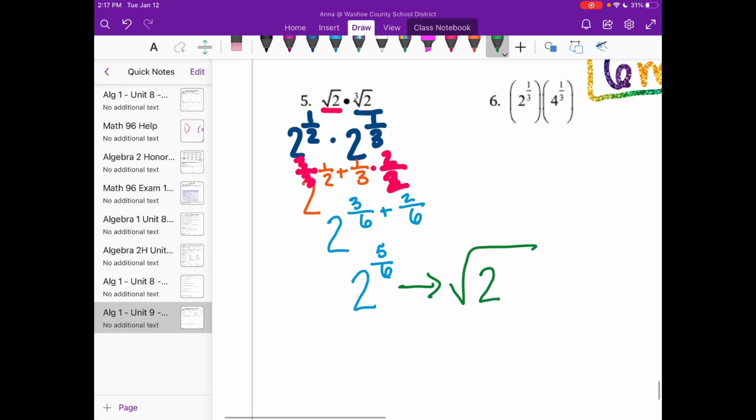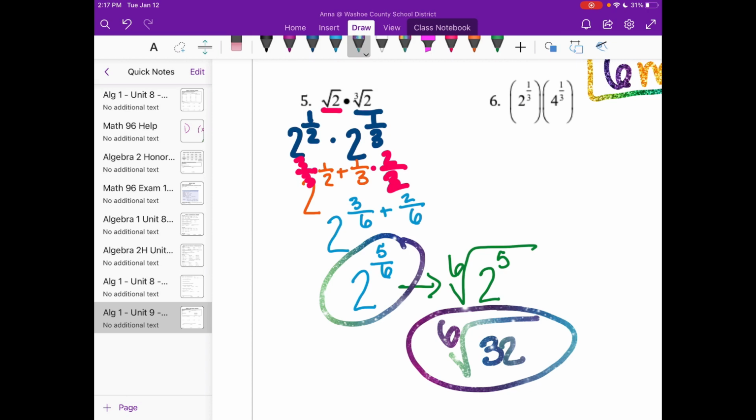So put the 2 in jail. It looks like it needs to be in there 5 times, 5 2s, and groups of 6. So 2 to the 5th we can definitely put in our calculators. It is 32, and then we're going to leave it to the power of 6. So this and this are my answers on number 5.